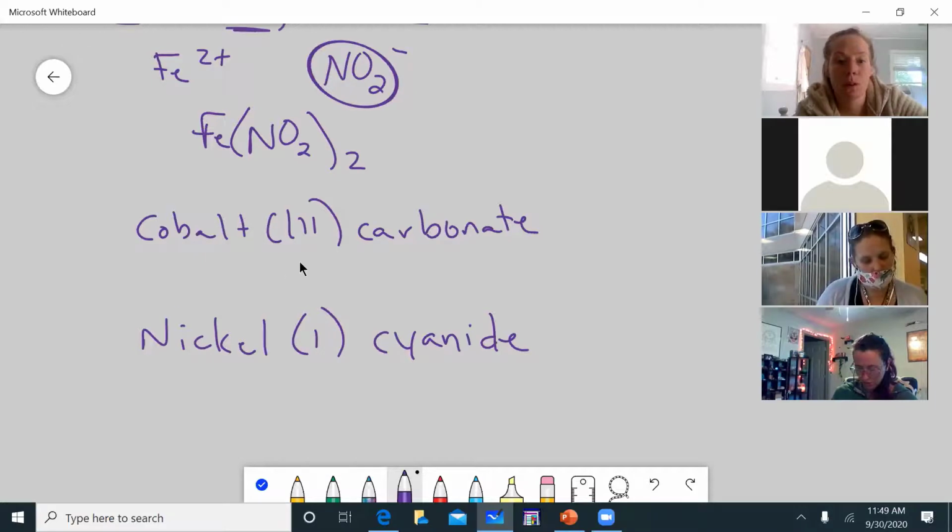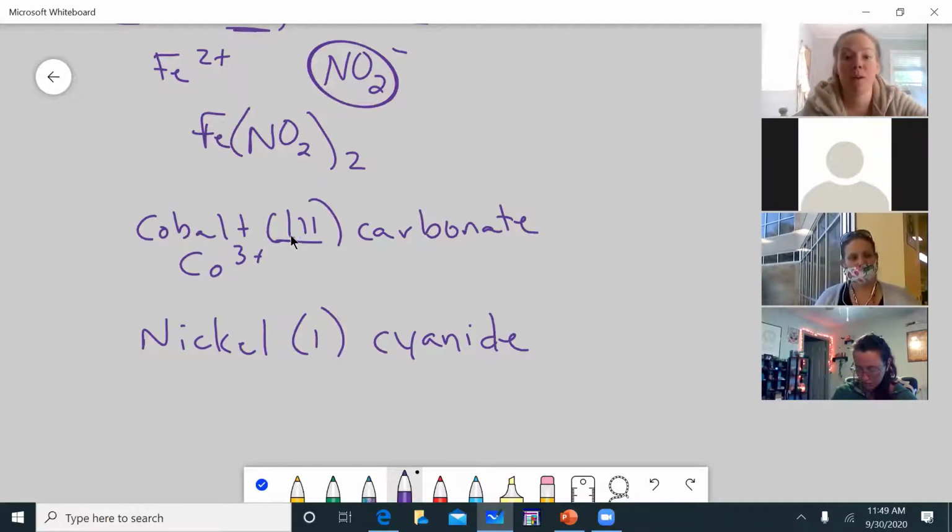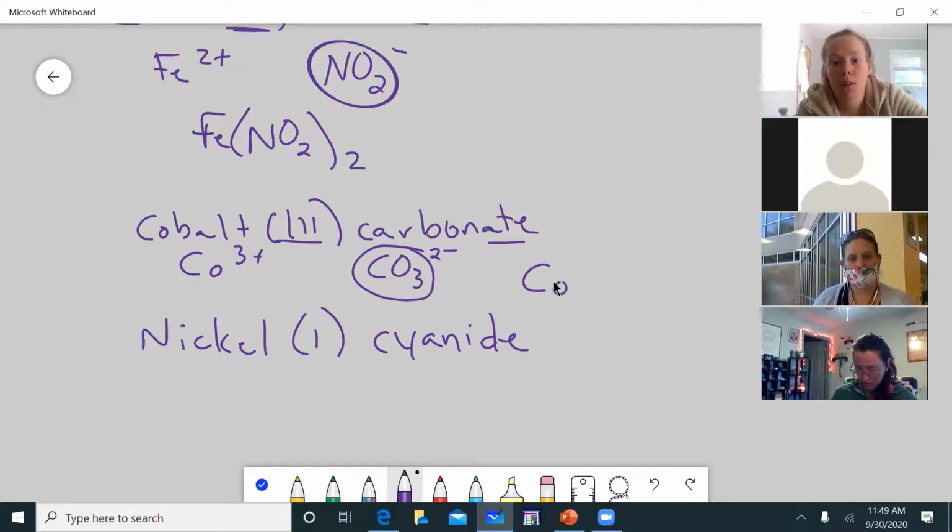Okay, so cobalt 3 carbonate. That means we're dealing with cobalt, and in this case, cobalt that has a 3+ charge, not that we have 3 cobalts, but that it's got a 3 positive charge. Carbonate, polyatomic ion, CO3 with an overall 2- charge. So I'm going to flip-flop here. Cobalt, I should have 2 of them.